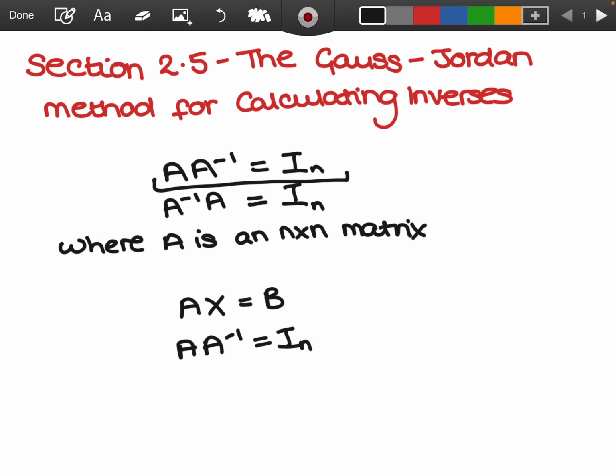I've got square matrices, A inverse and my identity matrix, instead of X and B. I am trying to solve for A inverse just like I was trying to solve for X, and I know that my right-hand side is just the identity matrix. So I can solve this in a very similar way as I did before using Gauss-Jordan.